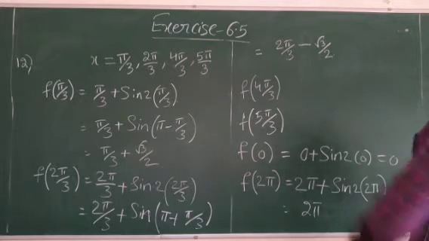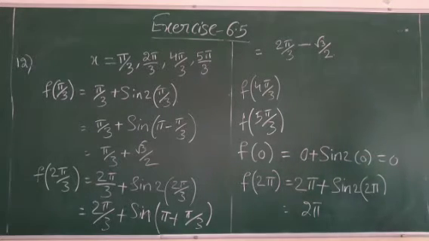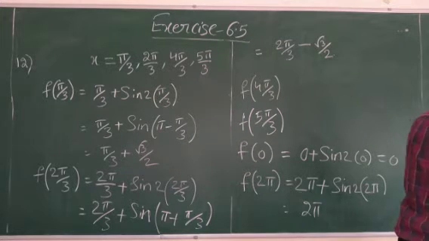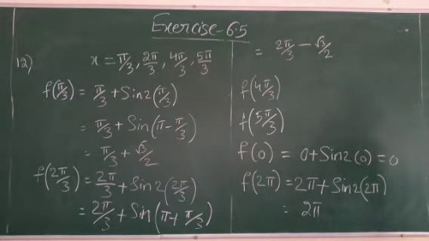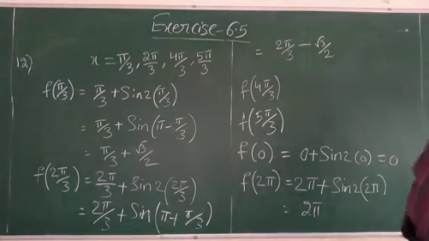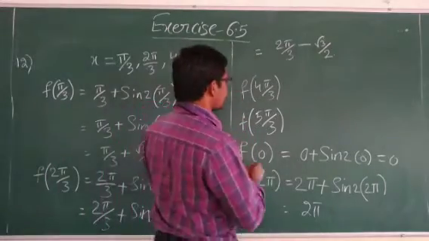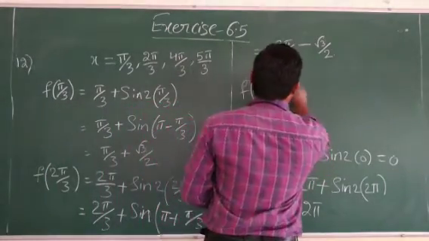Now if you look at all the values, once you substitute you get different values. So if you look at all the values, we get the maximum value 2 pi and the minimum value 0. So you can substitute these values and you can check.